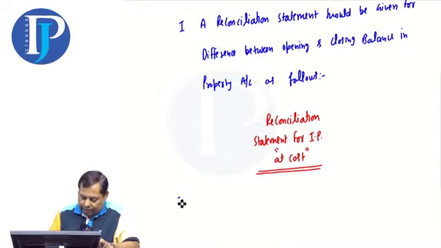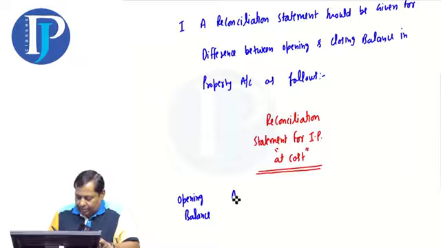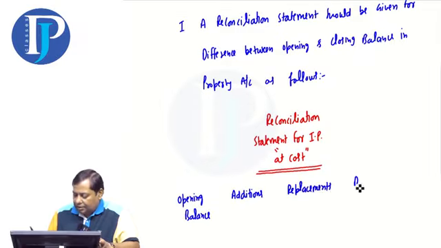First we'll write the opening balance. Then we will add additions to it. After that, we will add replacements. We will minus disposals.